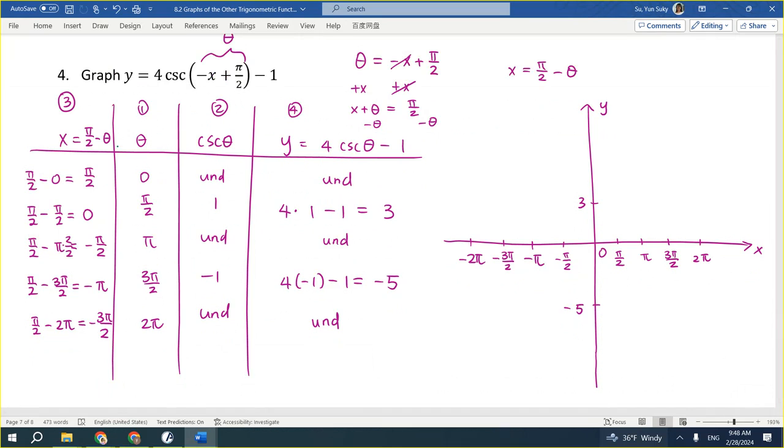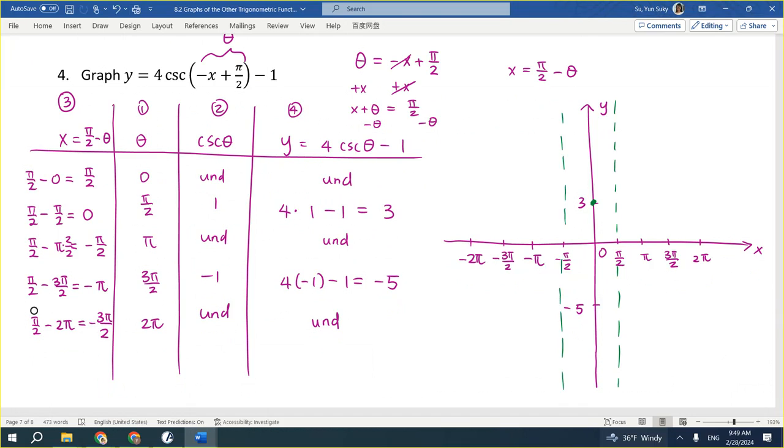So at pi over 2, you draw a dashed line there, undefined. At 0, we have 3. Negative pi over 2, undefined.